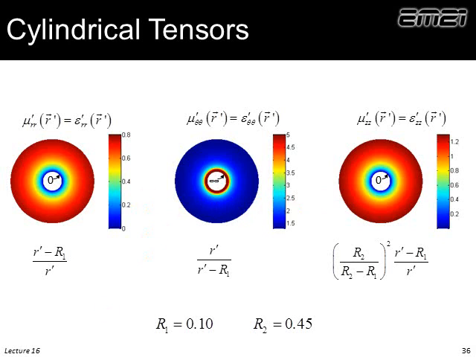Now, this is a great example of some of the drawbacks of transformation electromagnetics. We have some very extreme values here. At the center of this, we have the permeability and permittivity approaching infinity. For the other 2 tensor terms, we have it approaching 0 at the center.